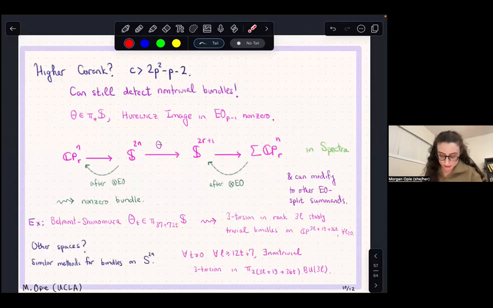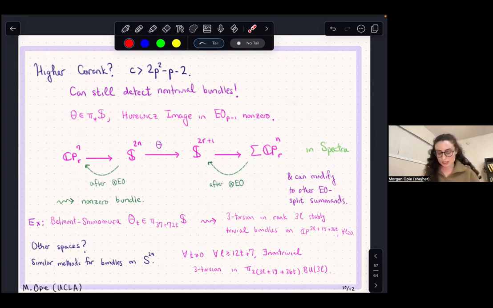But from these sort of constructions, we can show that for example, using this same Belmont-Shimomura result, that for all T greater than 0, for all L greater than or equal to this, we have a non-zero 3 torsion class in this homotopy group of unitary groups. And you get results for odd primes and also for p equals 2 from this that give you new p torsion in homotopy groups of unitary groups.